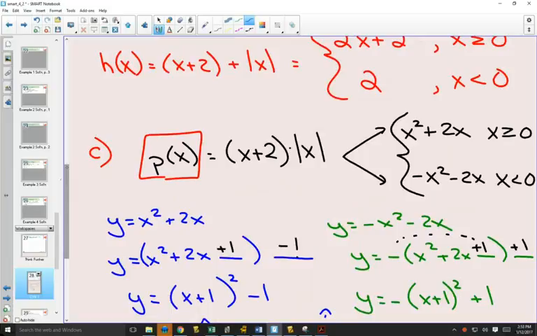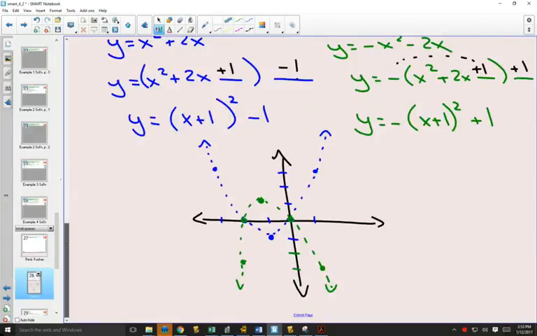Now to graph p of x, I need both of those. But p of x, when written this way as a piecewise function, has two pieces. It uses this piece when x is bigger than or equal to 0: x squared plus 2x, that was our blue graph. And negative x squared minus 2x was our green graph. So for p of x, we need the blue graph, but only when x is bigger than or equal to 0. So if I go to my graph and I look at my blue graph, that's the only section where it's bigger than or equal to 0 for the x values.